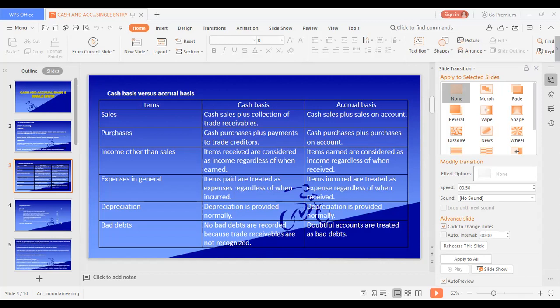Then doubtful accounts in the amount of 15,000, and depreciation of 90,000. Here we are given doubtful accounts. Okay, in number 3, 15,000.